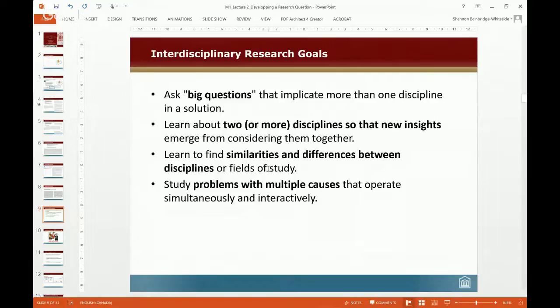And why this is so applicable to health science is that there are certainly problems in this world, and health and disease fall into this category, where there is not just one single cause, there's not just one simple answer, and instead an interdisciplinary approach is absolutely necessary to fully understand and make change. Health is certainly a candidate for that.